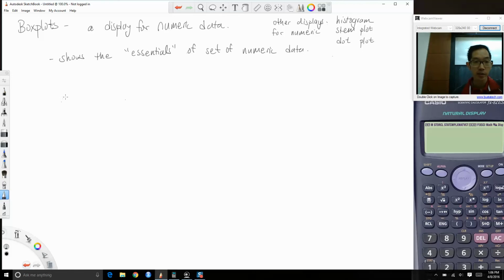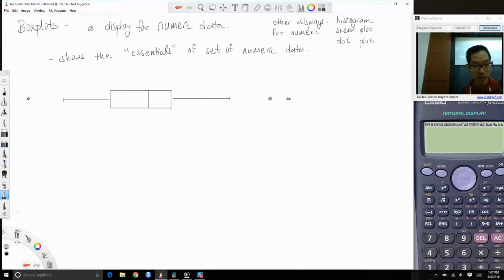Okay, so the components of a box plot, also called a box and whisker plot, may look something like this. So you've got a box, you've got whiskers, and maybe you have some dots, okay?